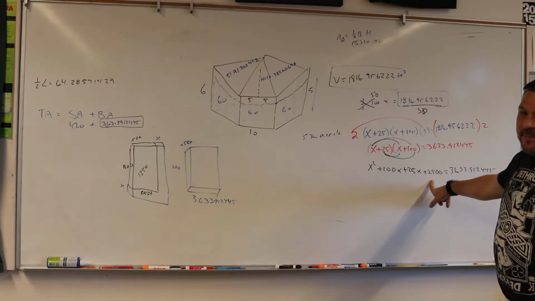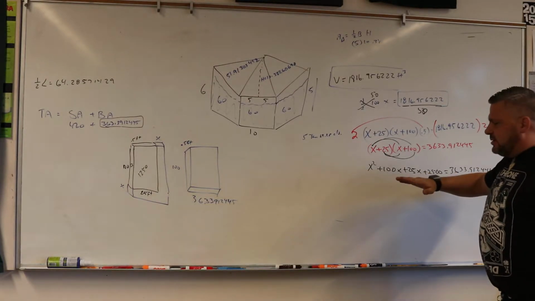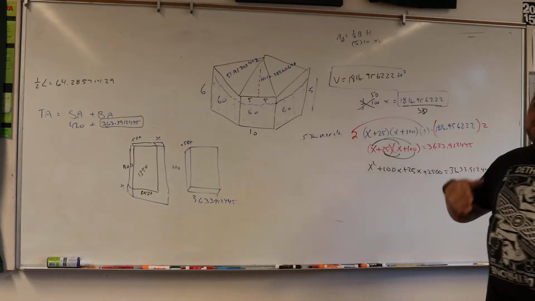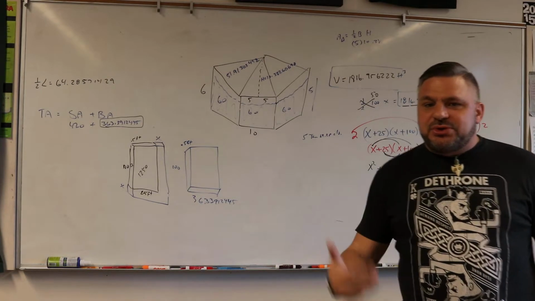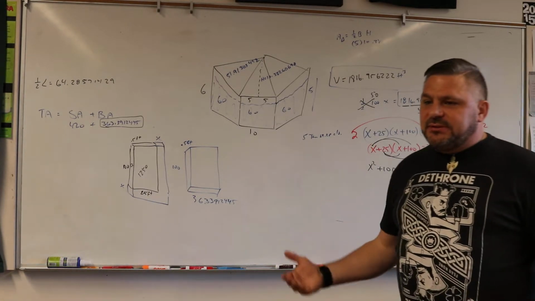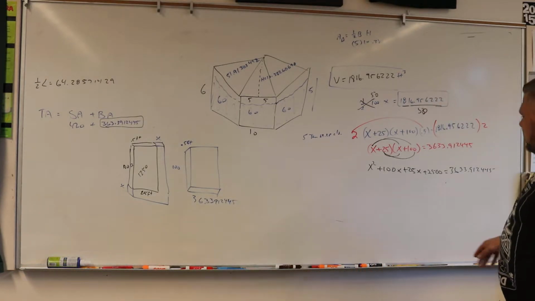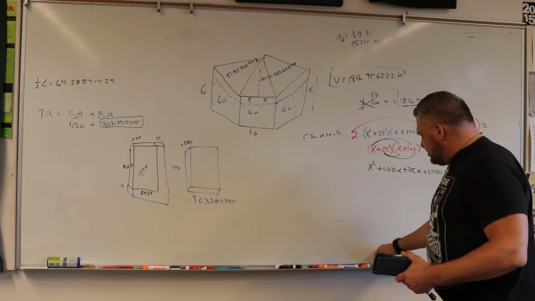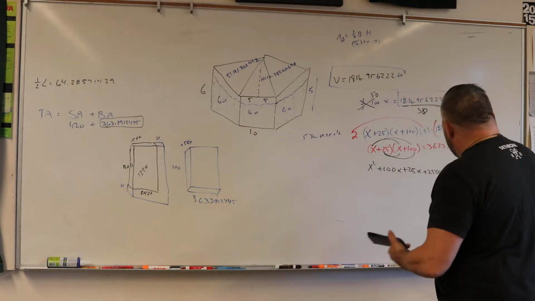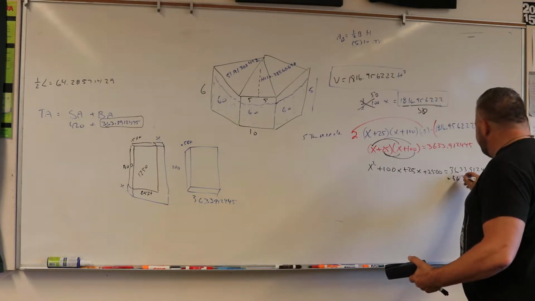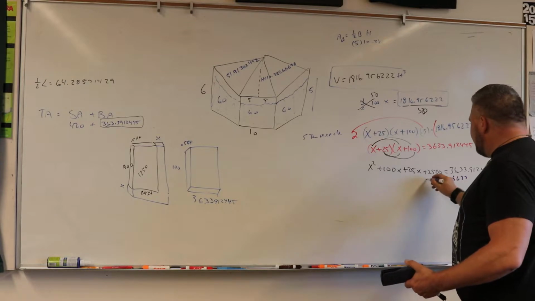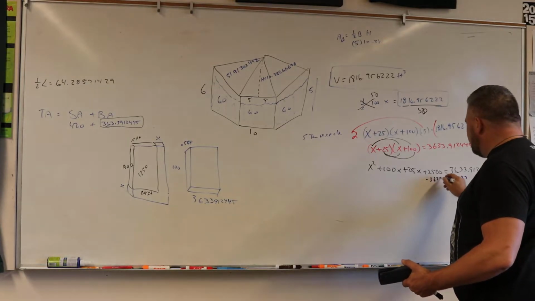Now what I'm going to do is I'm going to subtract this from that. Does that make sense? Because in order to solve a quadratic, we have to have it equal to 0. Does that make sense? Okay? So what I'm going to do is 2 things. One, I'm going to subtract this from both sides. Okay?